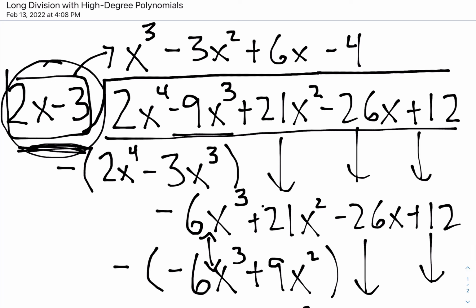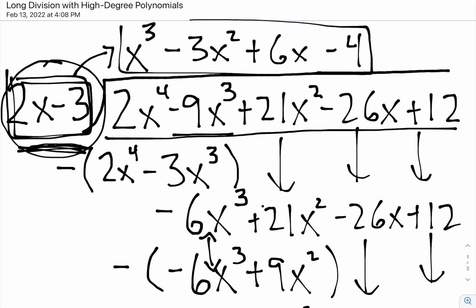So that's cool. If we take this function divided by 2x minus 3, we get 0. 2x minus 3 is in fact a factor of the function. And this is the quotient. This is the quotient. So that's what you're left with. And what this means is we have 2x minus 3, right?